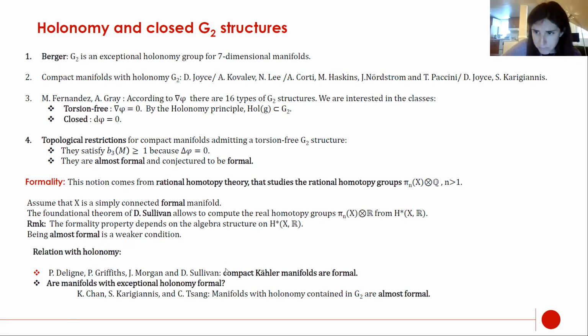And as I said before, the most that people have proved up to now is that these G2 manifolds are almost formal.